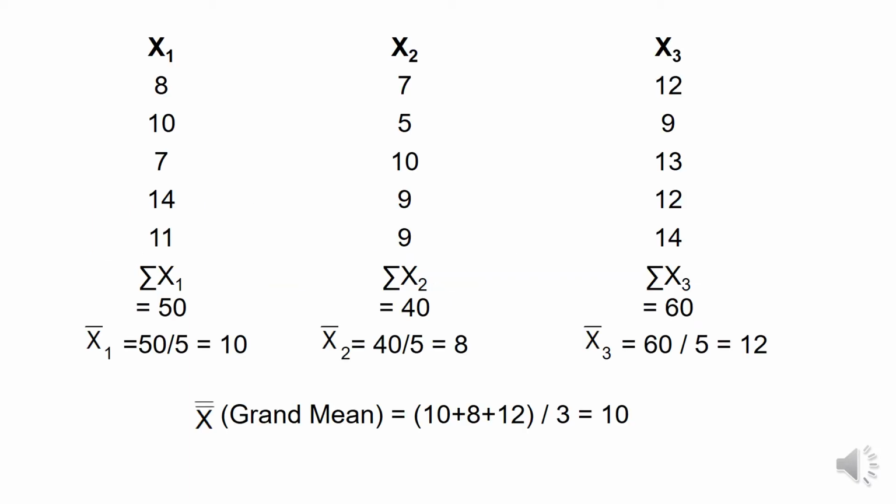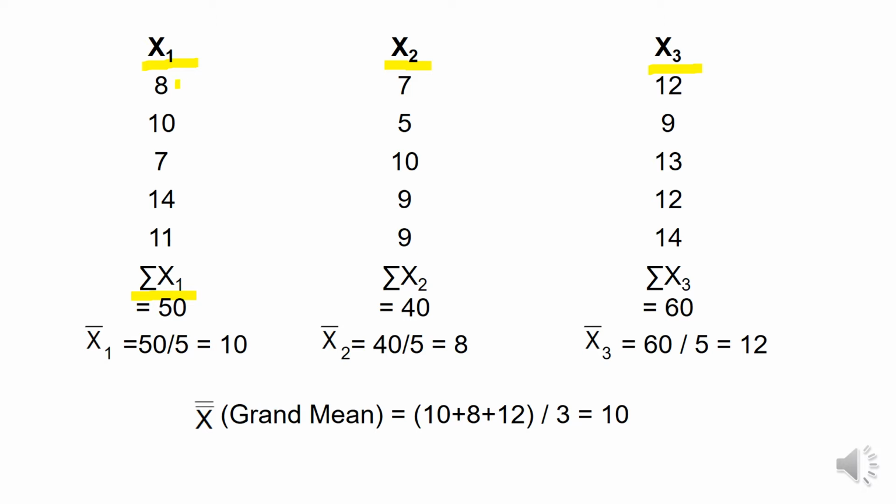Now, the numerical information which was given to us, there were three samples, so we wrote the information related to variable 1, variable 2 and variable 3. In the initial part, we calculated the summation of variable 1.